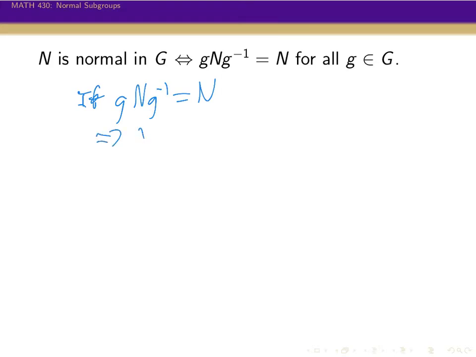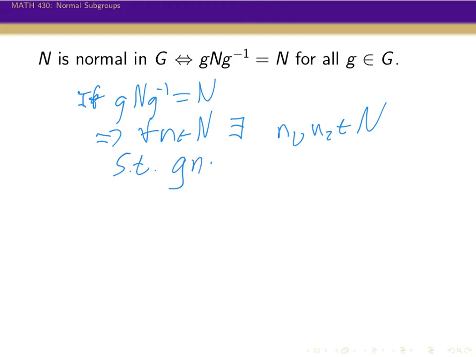This means that for any n in N, there exist n1 and n2 in big N such that g n1 g inverse equals n and g n2 g inverse equals n.